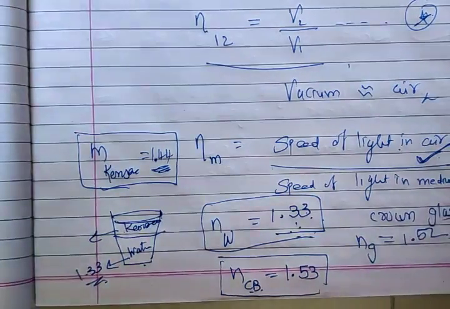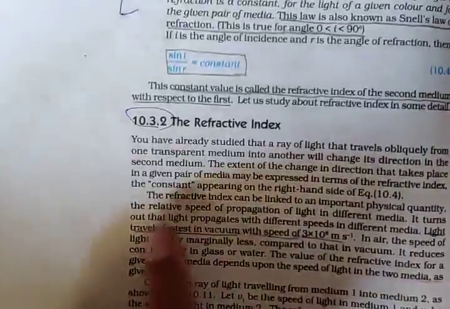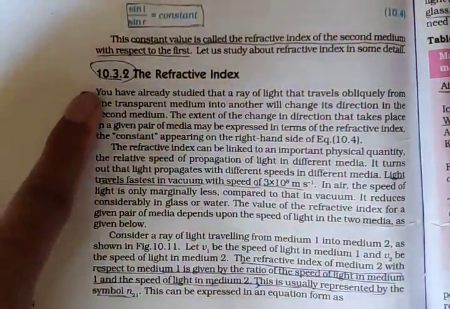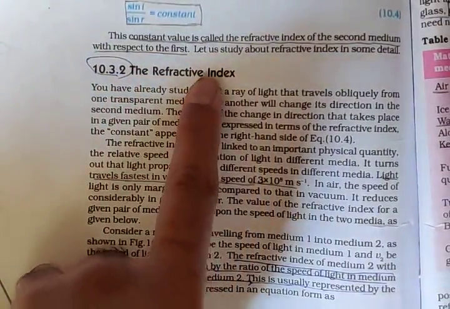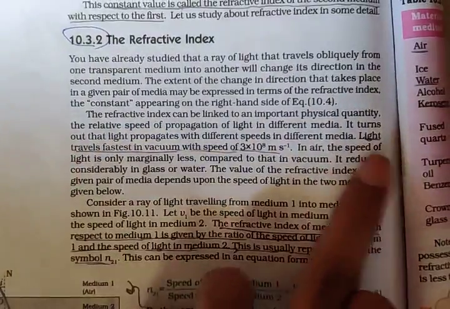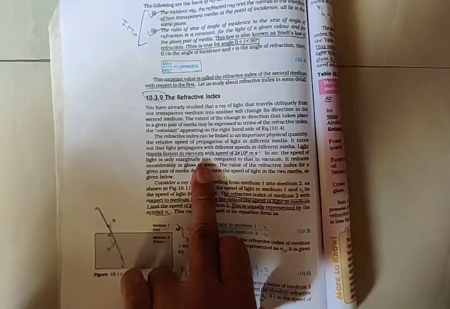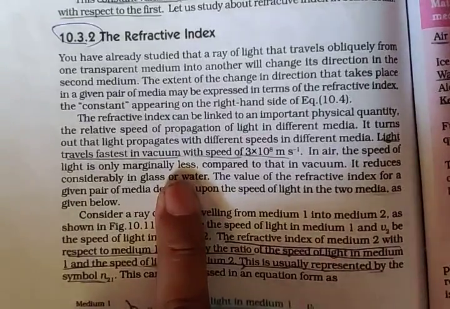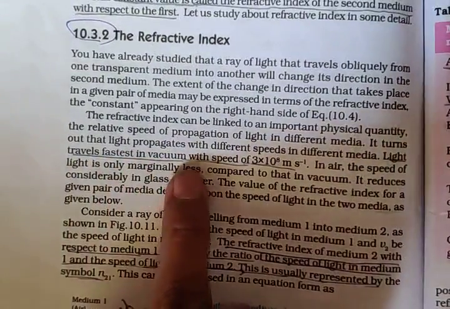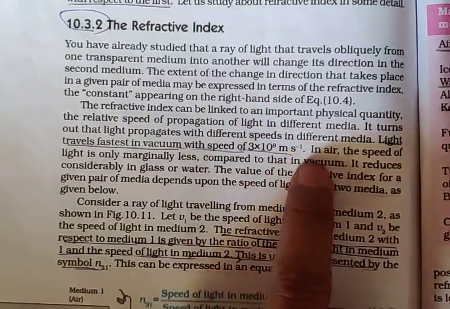Now let us refer to the textbook. Here once again we are going to see page number 174, 10.3.2 Refractive Index. Here the main point: light travels fastest in vacuum with a speed of 3 multiplied by 10⁸ meter per second.